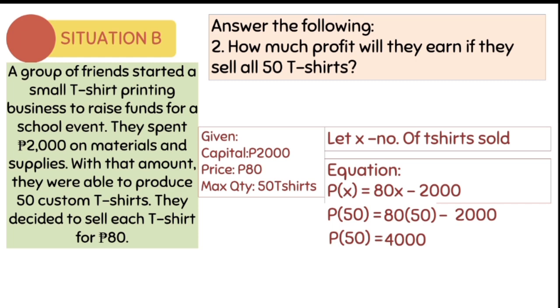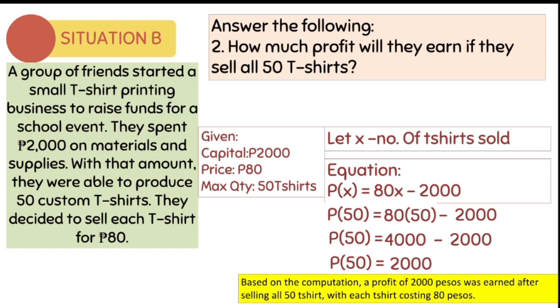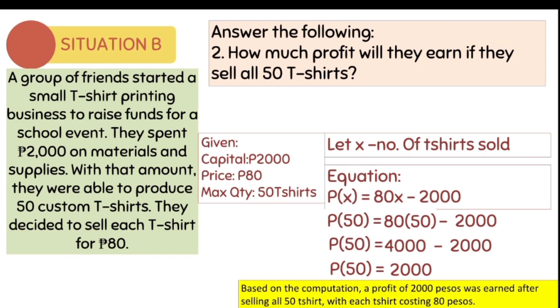So 4,000 pesos is our income after selling all 50 t-shirts. But we need to deduct our expenses, which is 2,000, and that will give us a profit of 2,000 pesos for all 50 t-shirts. Therefore, based on the computation, a profit of 2,000 pesos was earned after selling all 50 t-shirts, with each t-shirt costing 80 pesos.